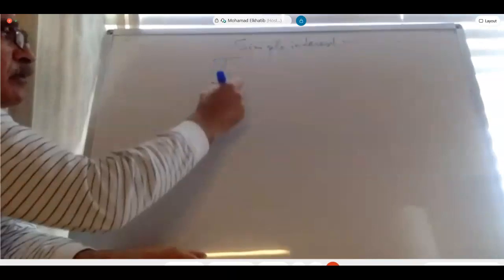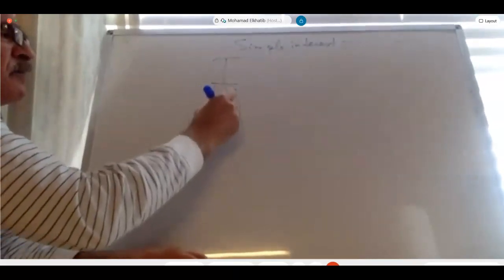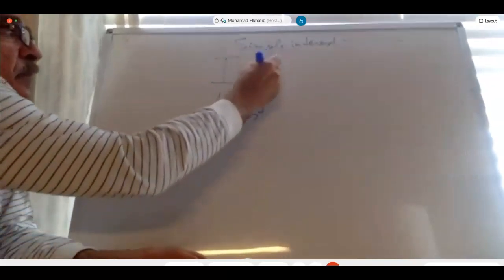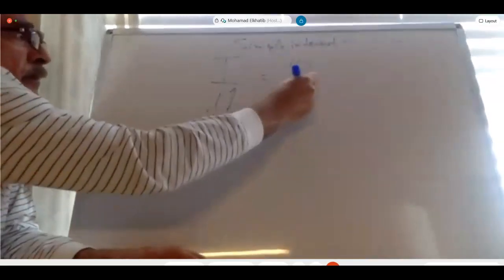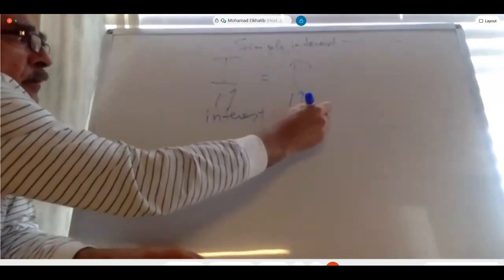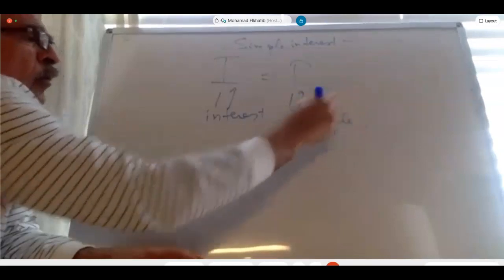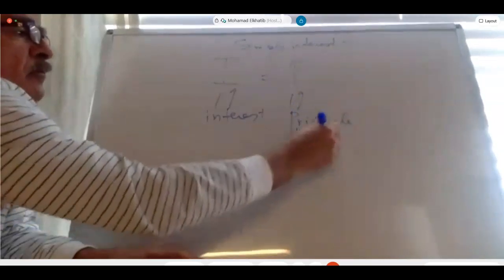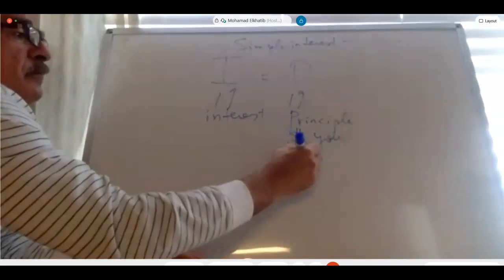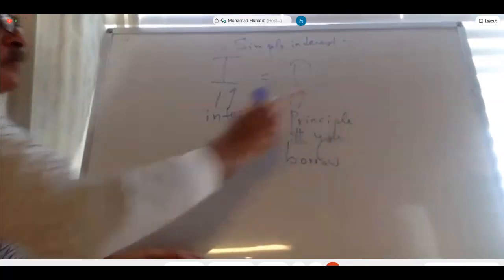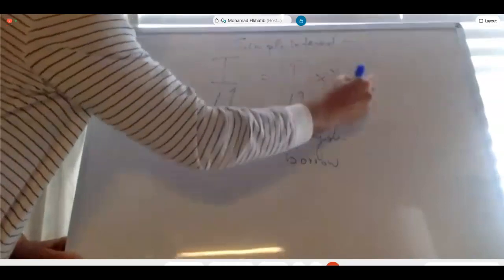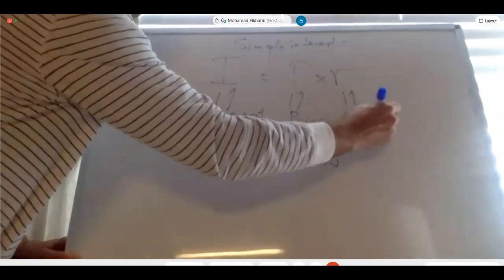The interest, simple interest I, equals P. P is called the principal, or the money you borrow, times R. R is the interest rate.